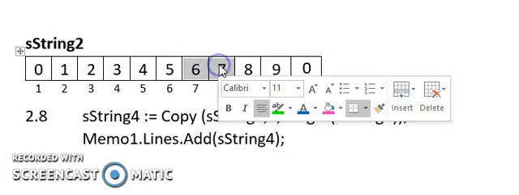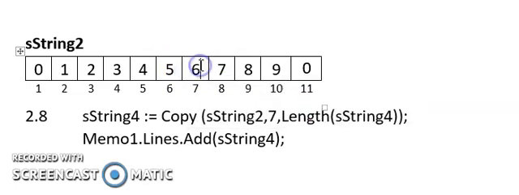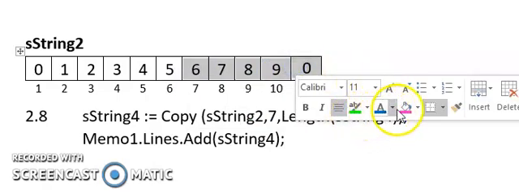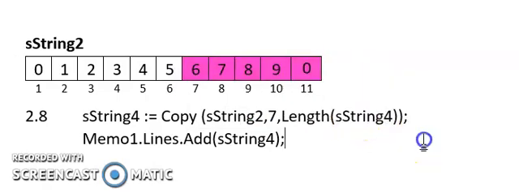It would try to go 1, 2, 3, 4, 5. Sorry, I can't copy anymore. So the new string would just have the value 6, 7, 8, 9, 0. It doesn't bomb out or freak out or anything like that.